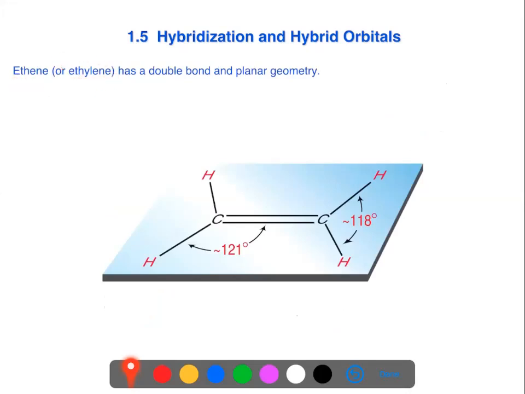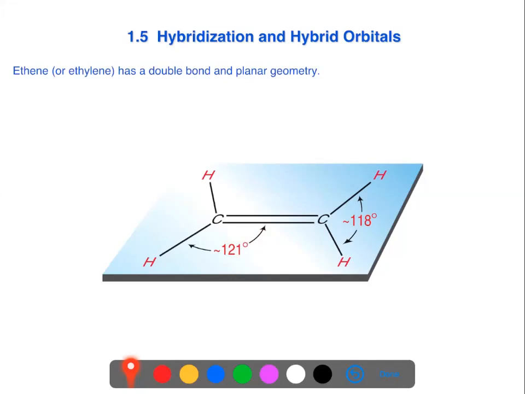Ethene is a 2-carbon hydrocarbon, and you can see that there is a double bond between the 2 carbons in ethene. As a result of this double bond, what we typically observe is these structures have some planarity to them.